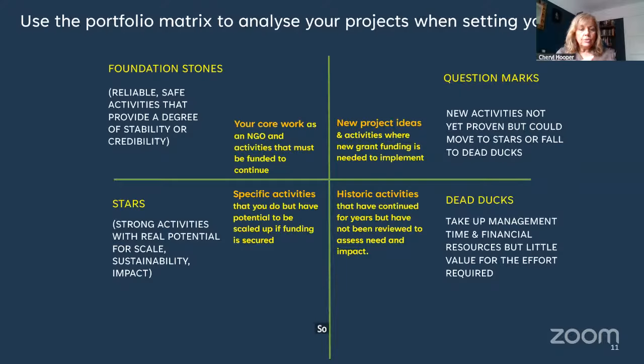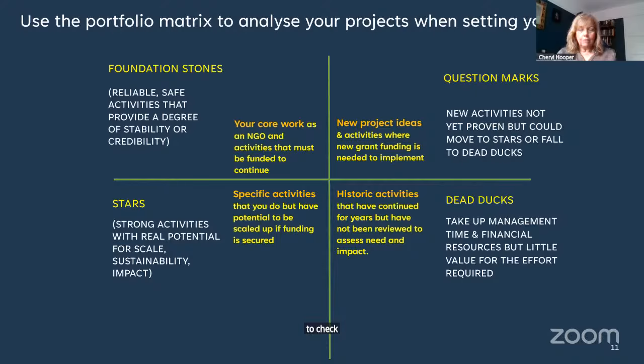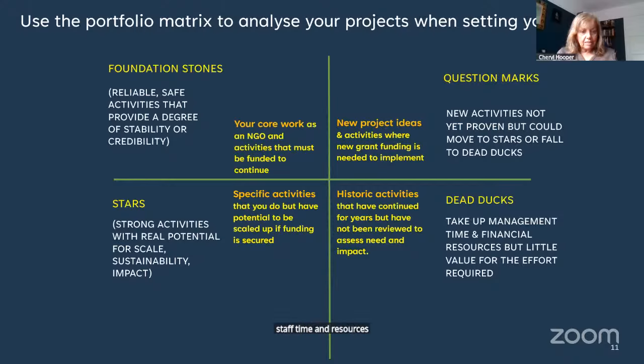It's always good practice to review your projects when setting a budget and your fundraising target each year. This gives you a chance to check if your income is covering the necessary costs. If you look more thoroughly at your projects, you may find that some are taking up staff time and resources, but not necessarily providing the impact.